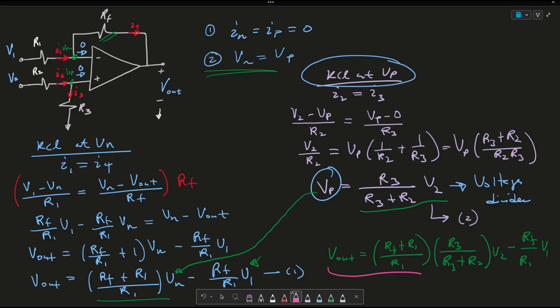So technically speaking, this here can be your solution. But now let's go ahead and rewrite it in another way that you might see in other textbooks.